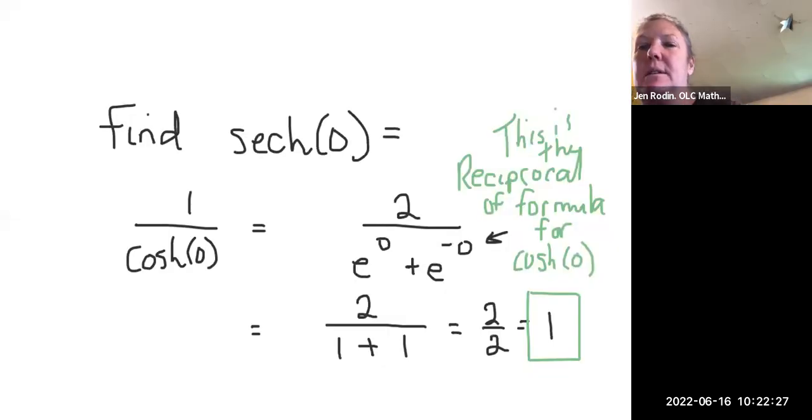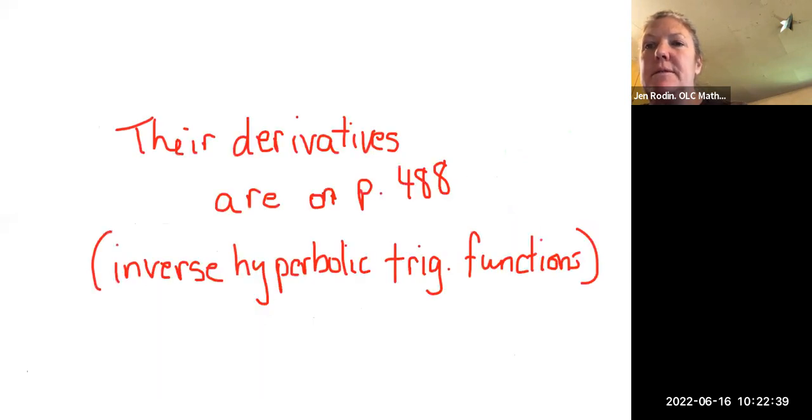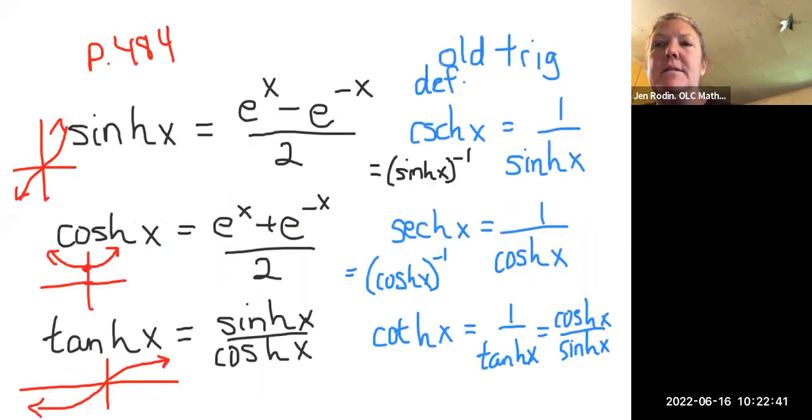Okay, so backing up, what we were doing was those were the inverse hyperbolics, the derivatives. And these are the ones that you and I were just doing together. So all the 6 trig functions in hyperbolic form. And yeah, they're graphable.